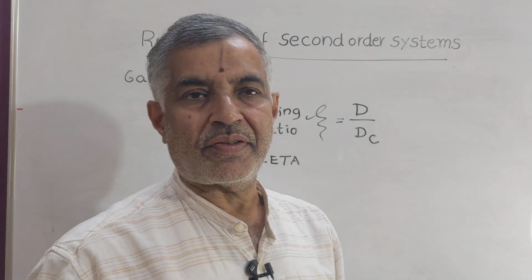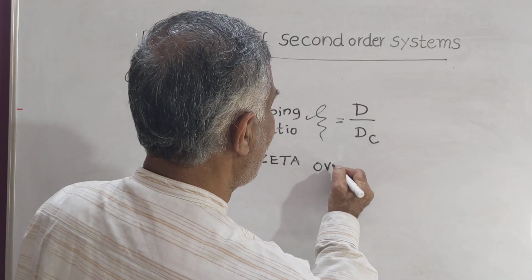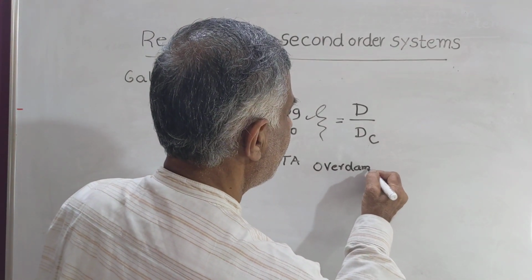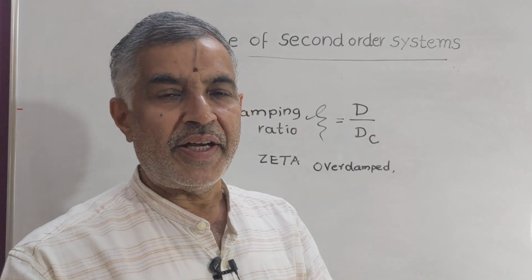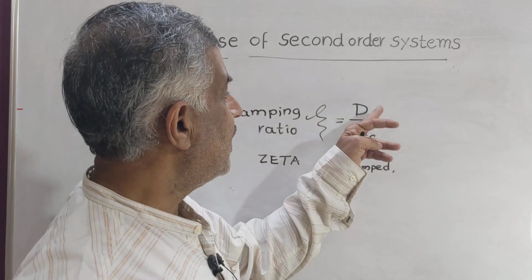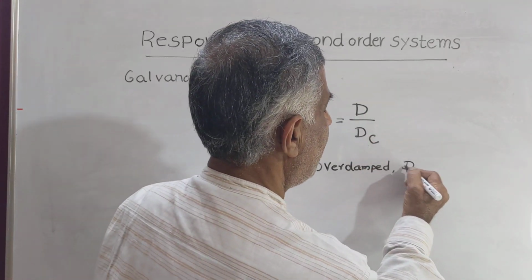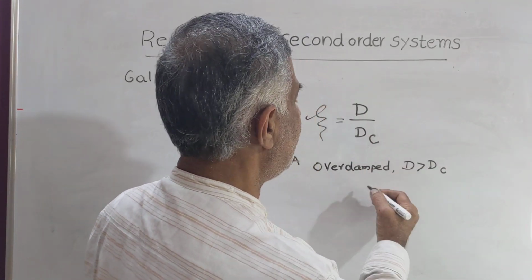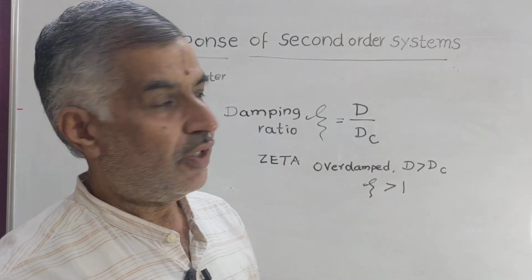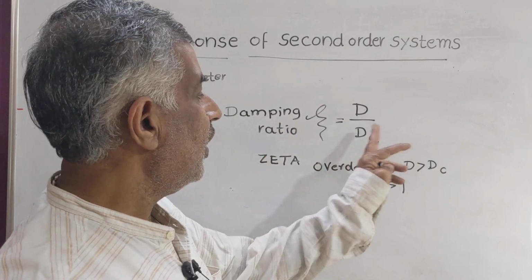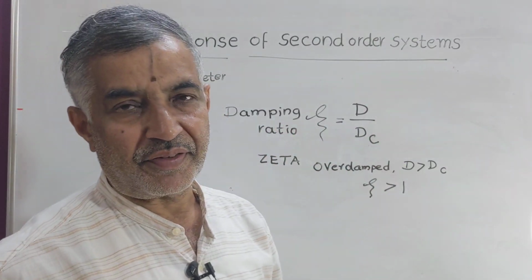In the overdamped case, what happens? Damping is in excess. D is greater than dc. When d is greater than dc, then zeta is greater than 1. So zeta is greater than 1 for the overdamped case.